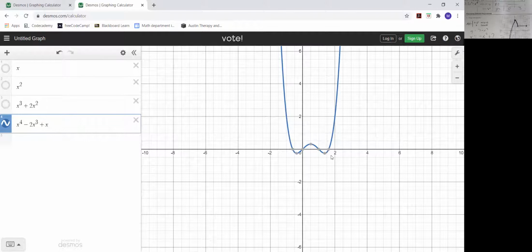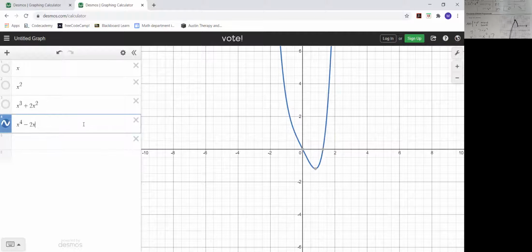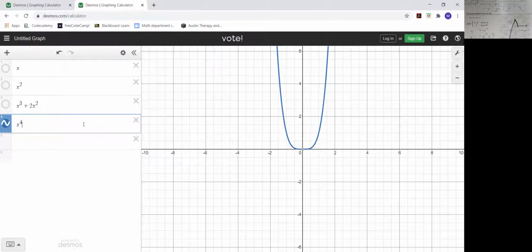There we go. So if I talk about a 4th degree function, I can get 3 turning points in there. So we can have fewer turning points. That's absolutely a thing that we can have. But if I have 3 turning points, I know I have at least a 4th degree function. It could be larger.